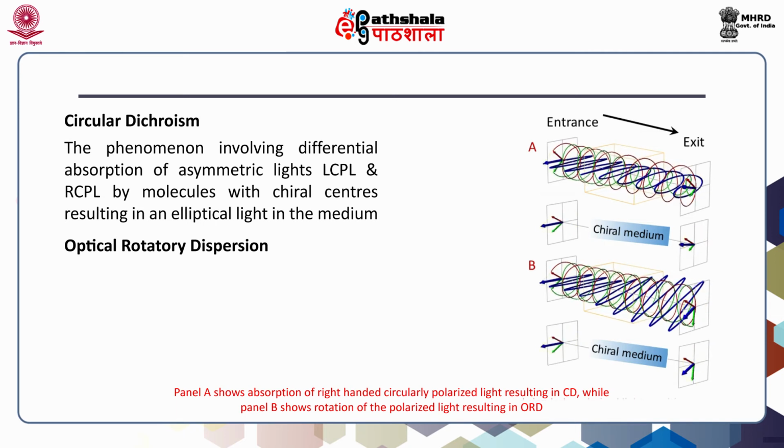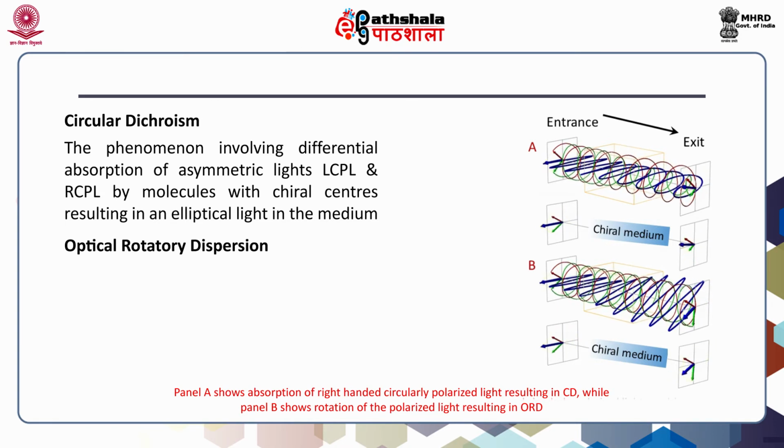When this light enters an optically active medium, present in the box between the two windows, there is a slow rotation of the vector shown in blue color, which is the addition of left circularly polarized light and right circularly polarized light.